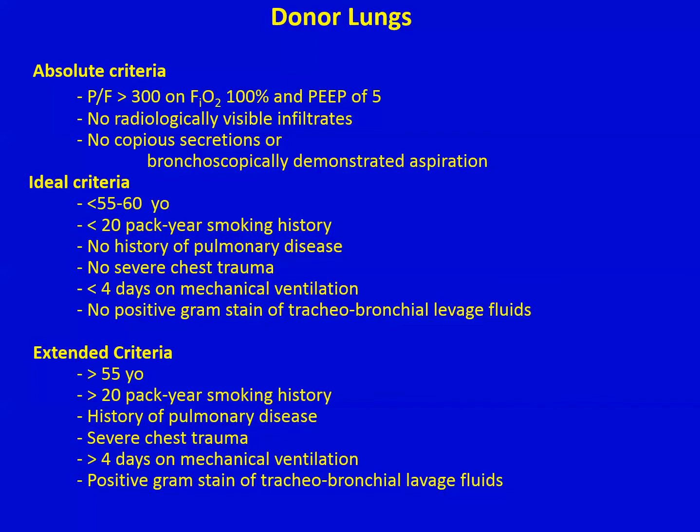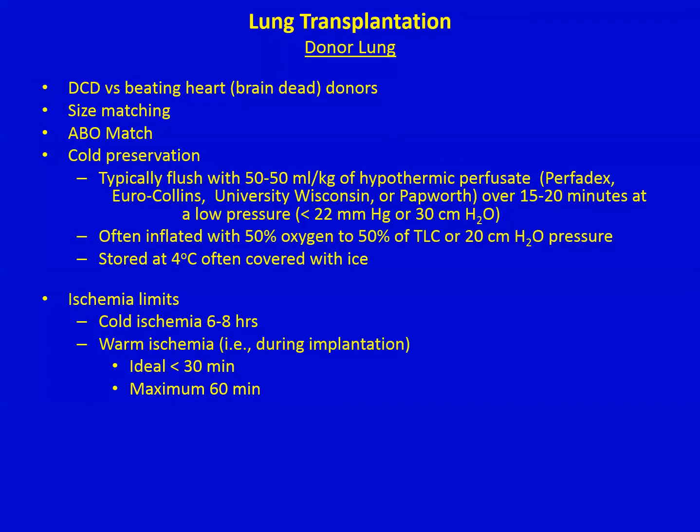Of great importance are the donor lungs. This slide shows the so-called absolute criteria, the ideal criteria, and the extended criteria. Donor lungs traditionally came from brain-dead donors, but more and more are being used from DCD, so-called death after cardiac arrest.